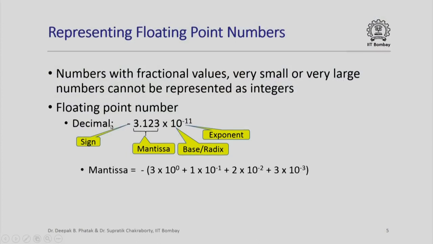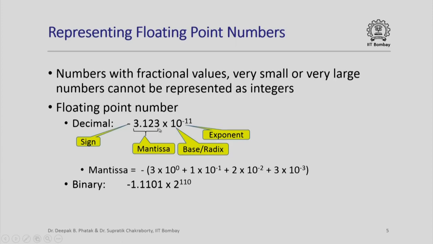In this decimal representation, if I look at the mantissa 3.123, it is basically saying 3 into 10 raised to 0 plus 1 into 10 raised to minus 1 plus 2 into 10 raised to minus 2 plus 3 into 10 raised to minus 3, and of course there is a minus sign because we have the minus sign here. Now I could write a similar number in binary where I could have a minus sign.